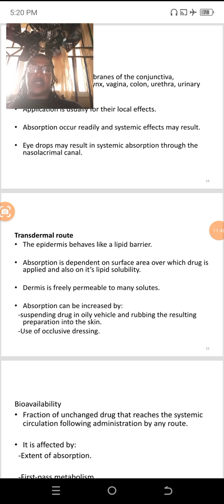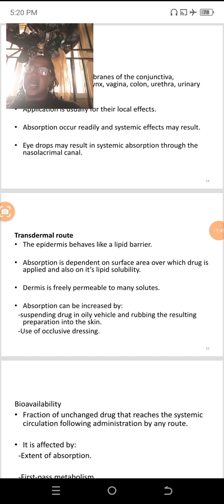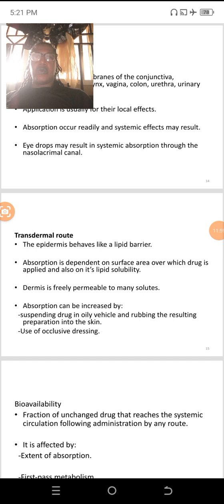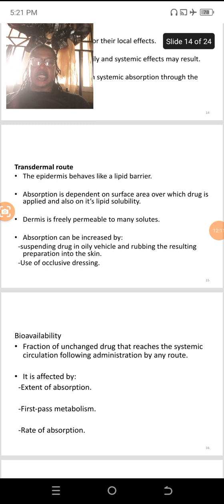Then use of occlusive dressing, whereby the drug is placed on the skin and then covered with a nylon. So the application of the nylon will lead to moistening of the area, will lead to hydration of the area, and then the hydration will enhance the absorption of the drug that is so administered.